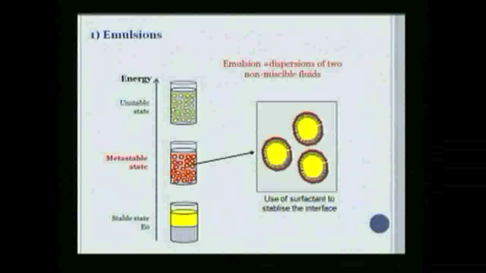But if you play very well with the surfactant, you will have a very long kinetics to go back to this equilibrium state. Some emulsions are stable for a few seconds, some for a few hours, and some are stable for several years.